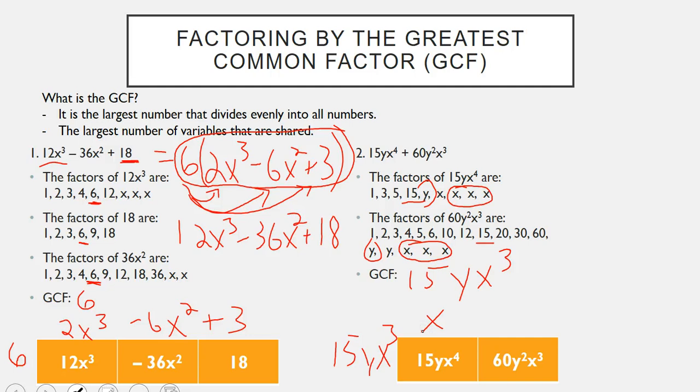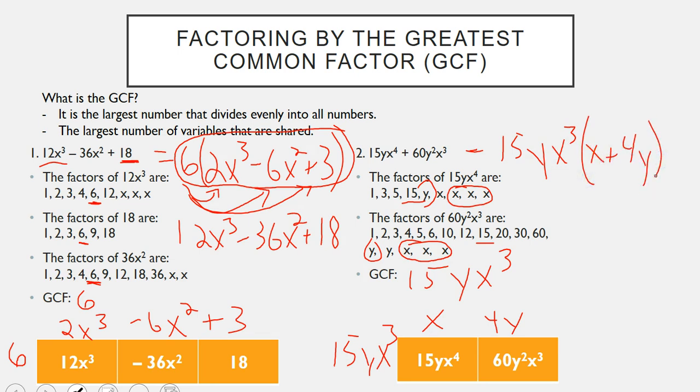Then 60y squared x cubed divided by 15y x cubed: 60 divided by 15 is 4. I'll have 1y left over and no x's. So my answer to this one is 15y x cubed times the quantity x plus 4y.